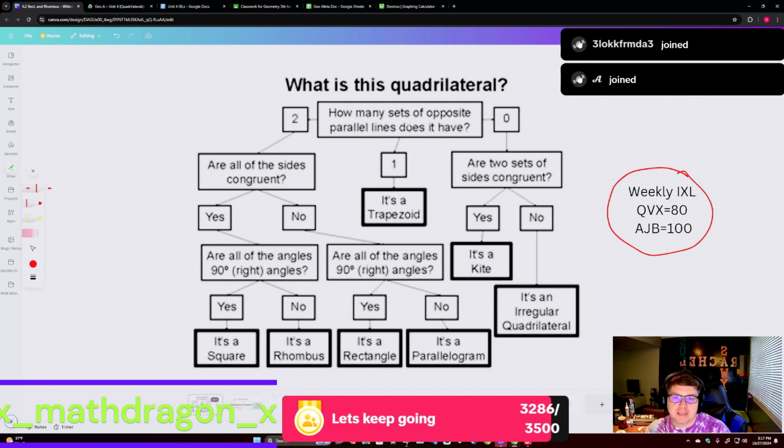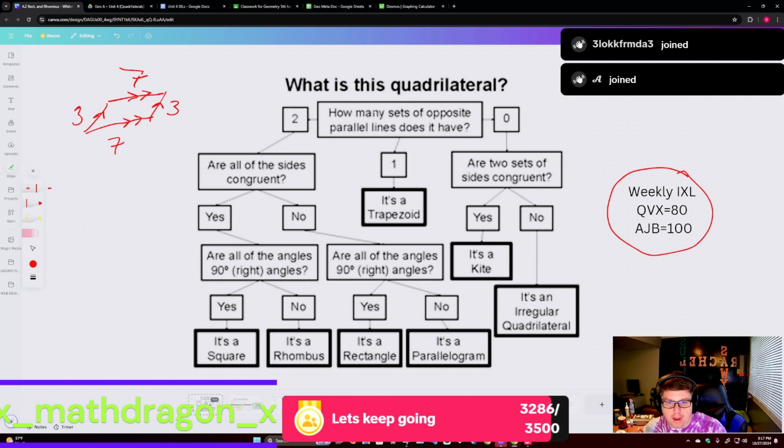So how many sets of parallel sides to it? Well, yesterday we did parallelograms, and parallelograms had 2 sets of parallel sides. The opposite sides are equal to each other, and the opposite angles, the same thing too.